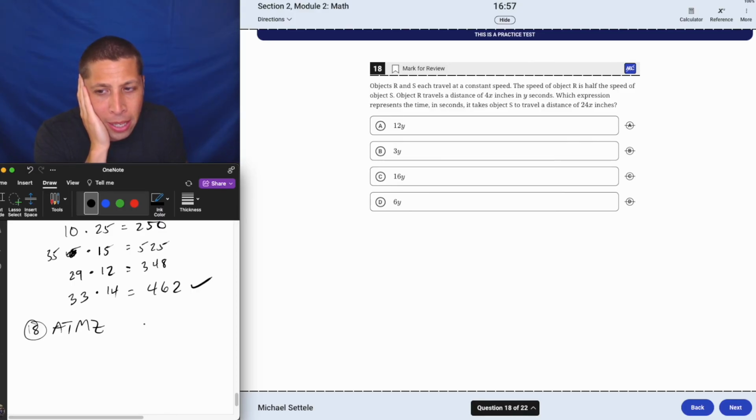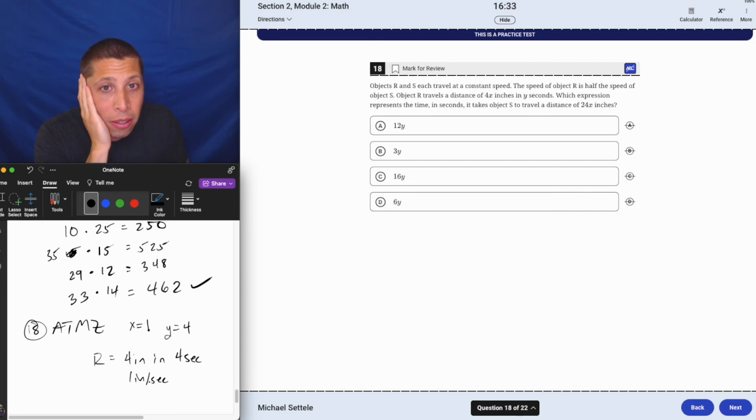So how about x is 1, so it travels 4 inches. This is R. And y is 4, right? So R then goes 4 inches in 4 seconds.